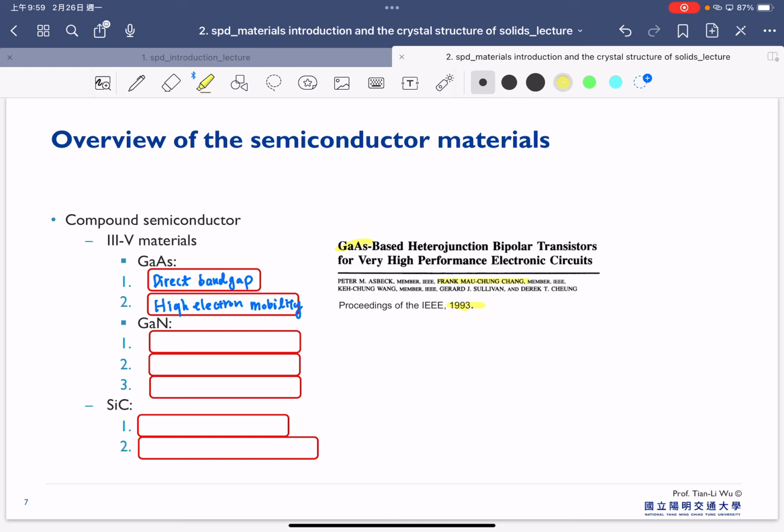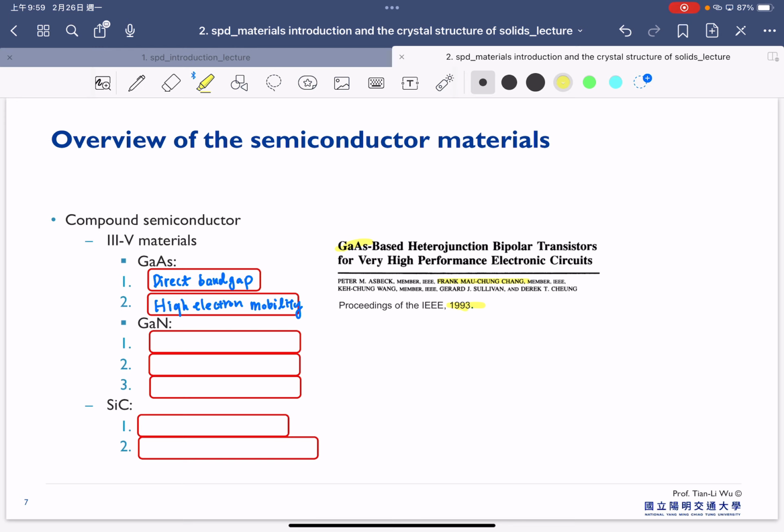The professor, Frank Chen, Zhang Maozong, who is not currently the president, but was the president of NYCU, formerly NCTU. You can see that in 1993, he was already involved in developing this very high-speed communication technology. Okay, so that's a very brief history of gallium arsenide.